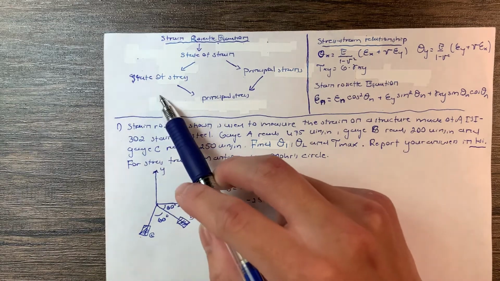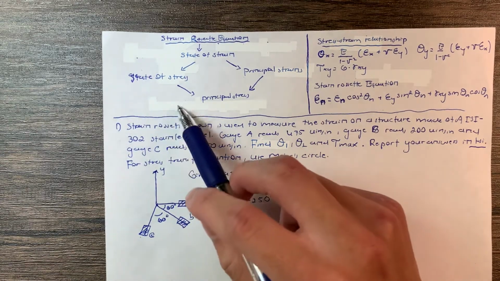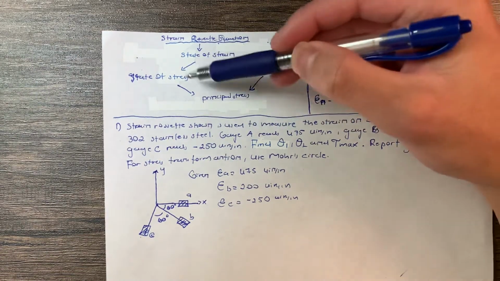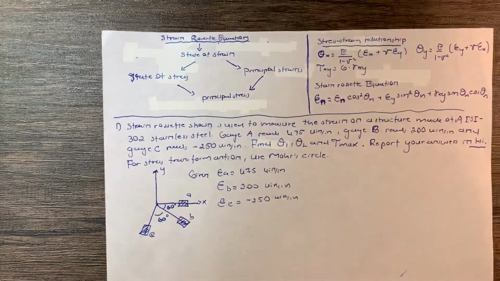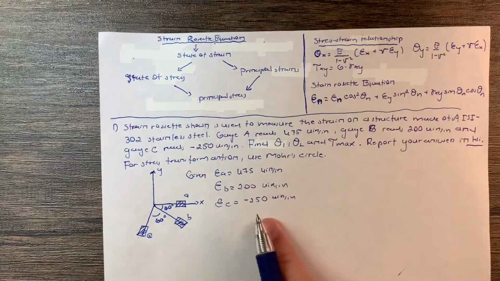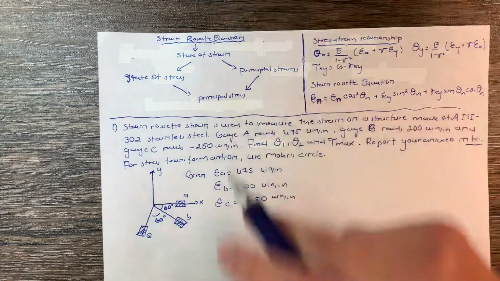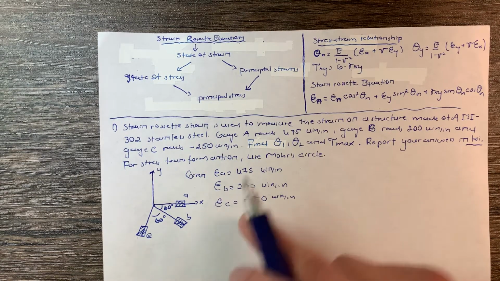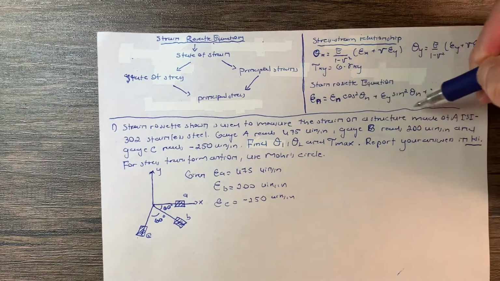Because of that, we're going to use this left path to find our principal stress. What's given to us is the strain gauges, and we can do that by using the strain rosette equation right here.